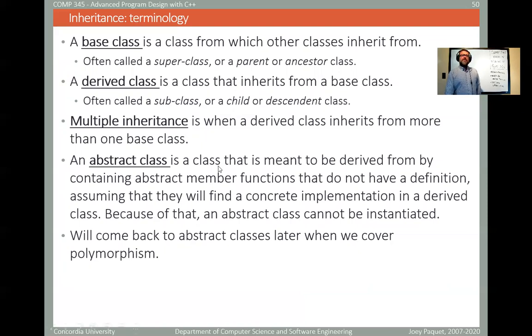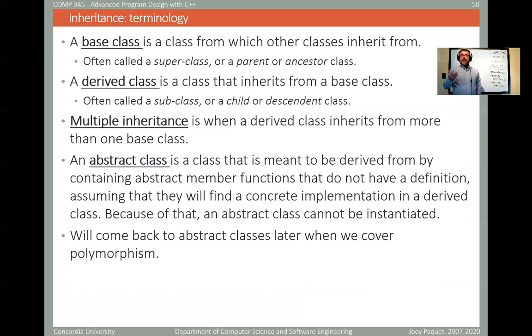So you also have the notion of abstract classes. An abstract class is basically a class that you declare for which some of its member functions don't have a definition. It's assumed that all of the subclasses, or some of the subclasses down the line in the hierarchy or graph, would provide their own local implementation of these methods that have not been defined at the level of the higher level abstract class.